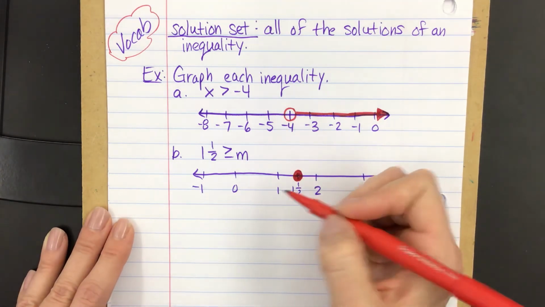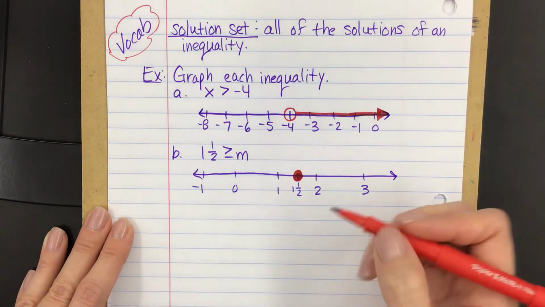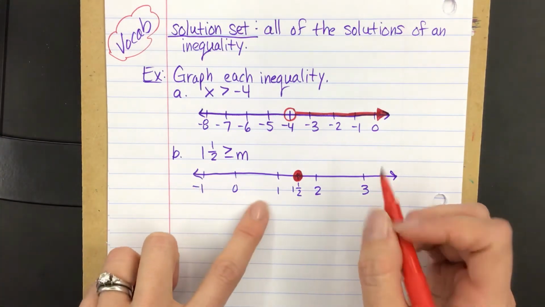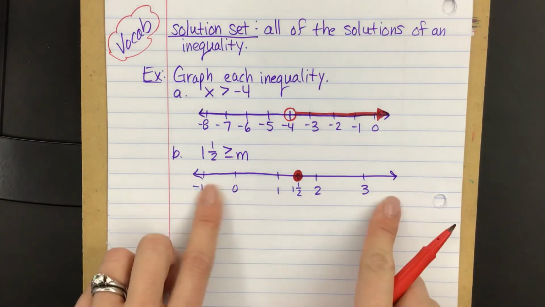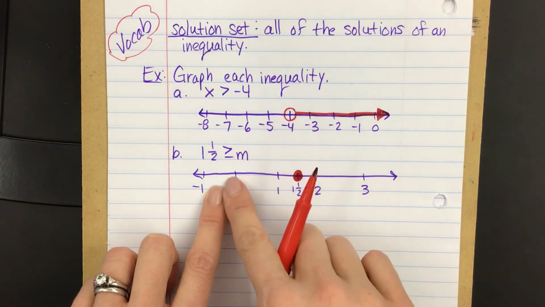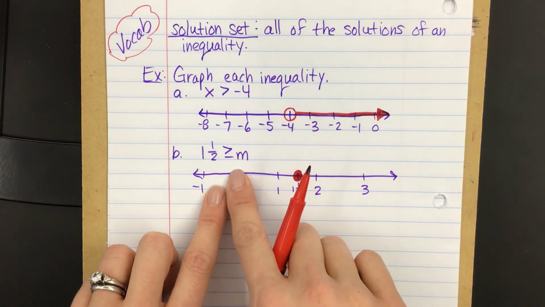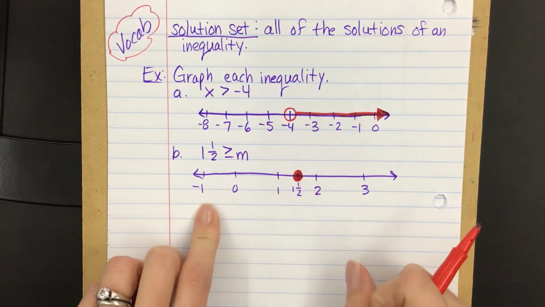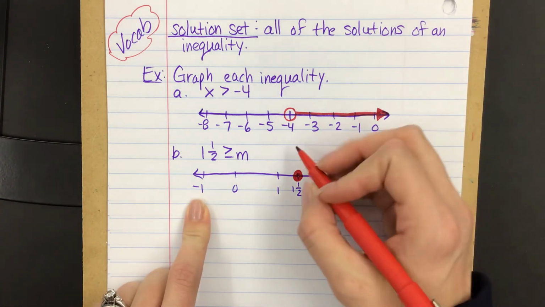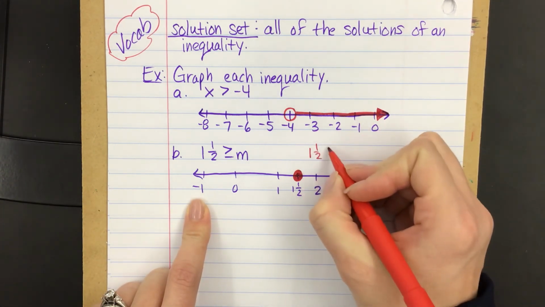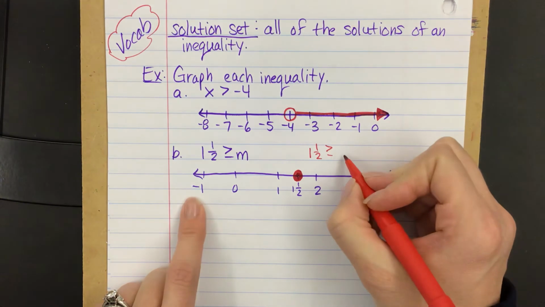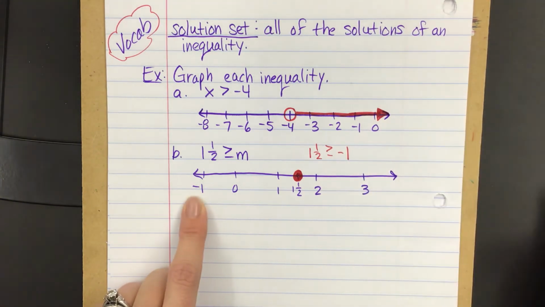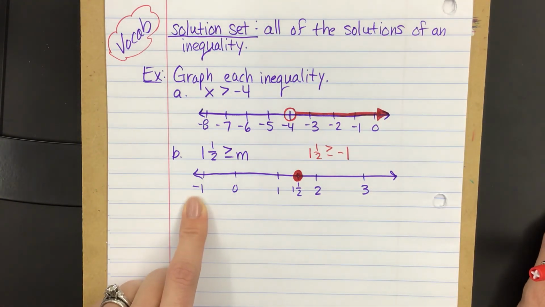Now we need to figure out which side to shade. So let's test it out. What I like to do is pick something on either side and see if it makes this true. If it makes this true, then that's the side we're going to shade. So I'm going to plug in, 1.5 is greater than or equal to -1. Is that a true statement? Yes, it is.